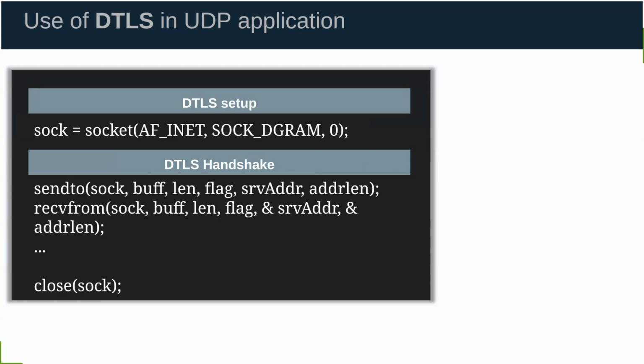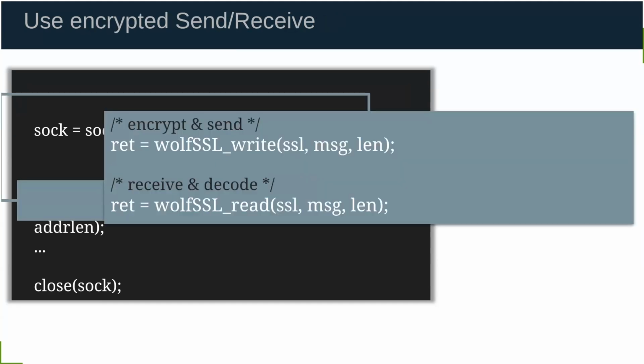Now we have to communicate. When we communicate, we cannot use just send to and receive from. We exchange data using wolfSSL write if we want to send something, and wolfSSL read if we want to receive something. Of course, wolfSSL write will encrypt the message and send it encrypted, while wolfSSL read will receive and decrypt the message.